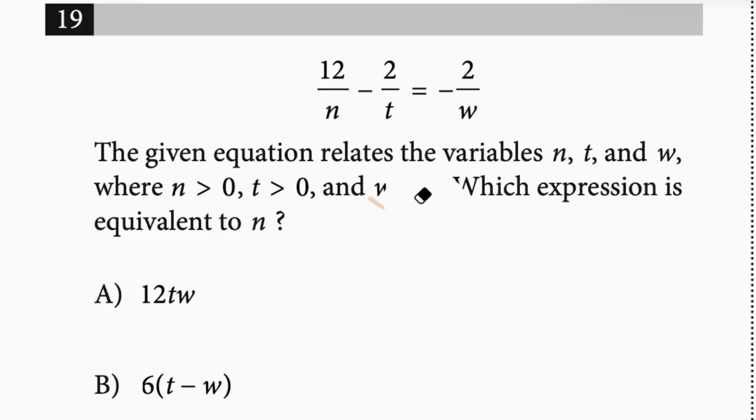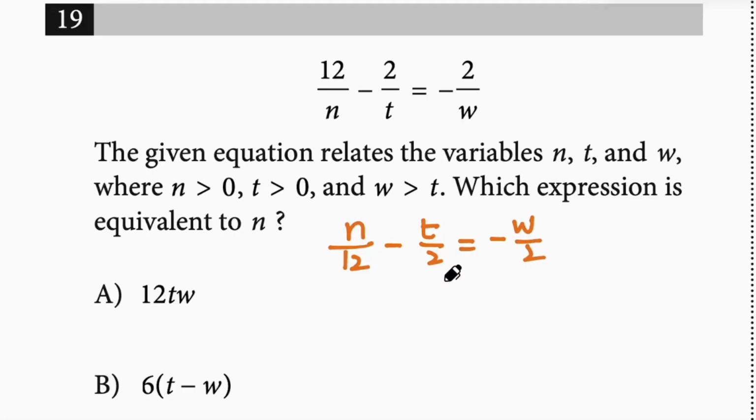First concept, you have to be very careful about this. Suppose n is a numerator. So the first thought is, let's reciprocate, and what we do is n over 12 minus t over 2 is equal to negative w over 2. No, that is not correct.